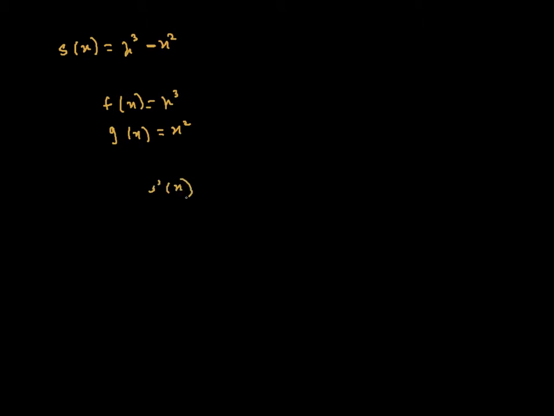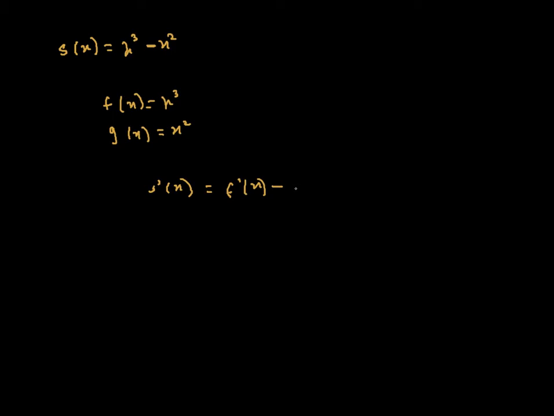It is similar to the sum rule. It is very easy. This will be the difference between the derivatives of the functions. So this will be f dash of x in order, because you have to follow the order, since here it is the difference.